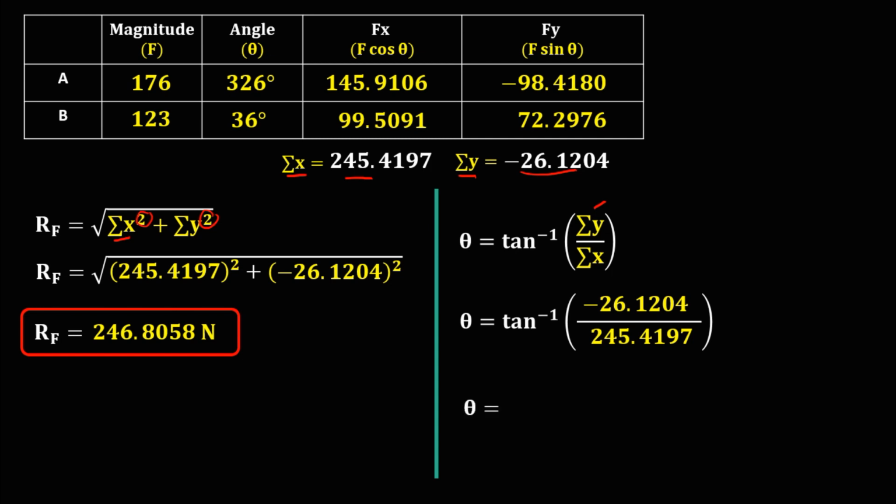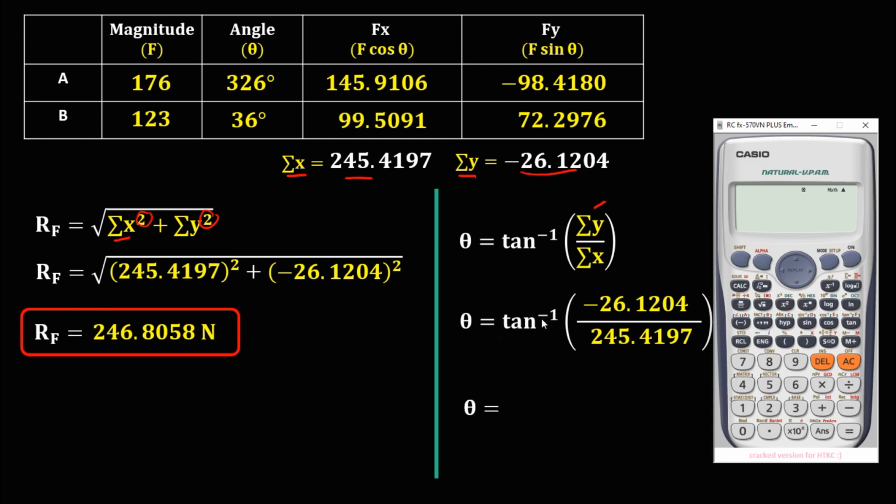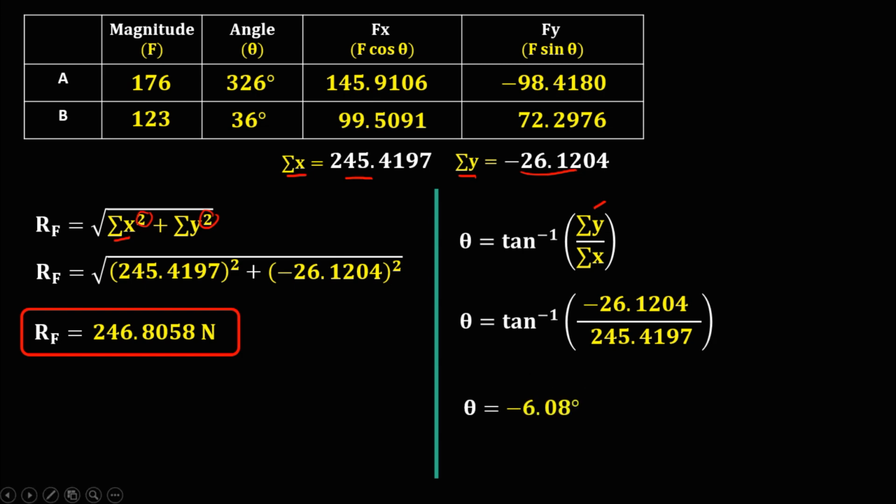Then to find theta, for this tangent to the power negative 1, or inverse tangent, shift, then tangent, then negative 26.1204 divided by 245.4197, close parenthesis, equals, so theta is negative 6.08 degrees.